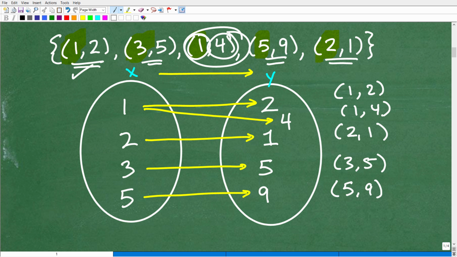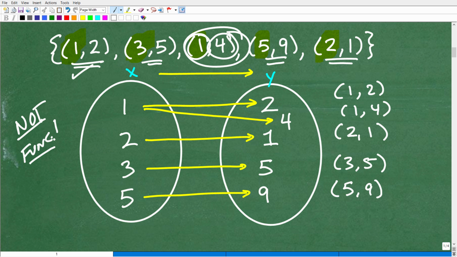Okay, so we're done constructing our mapping diagram, but my question to you is, can you interpret whether this is a function or not? Well, hopefully you know the answer to this, because this is not a function. So why is it not a function?